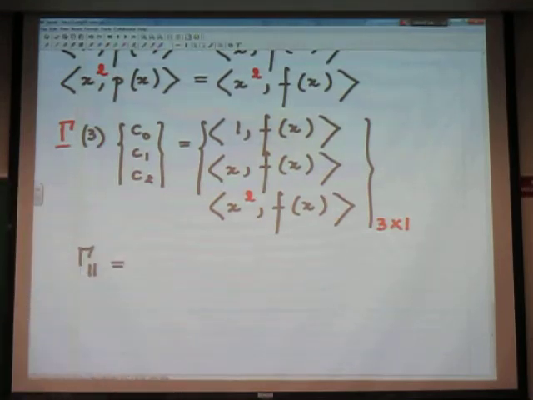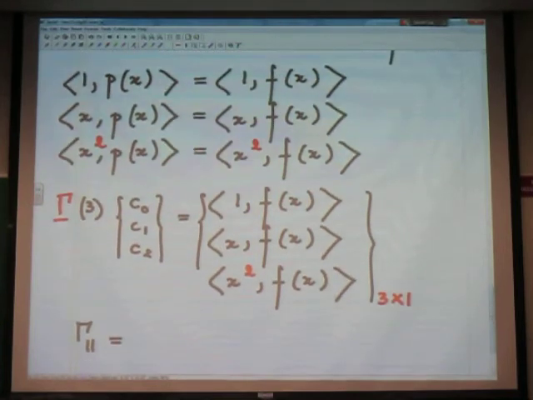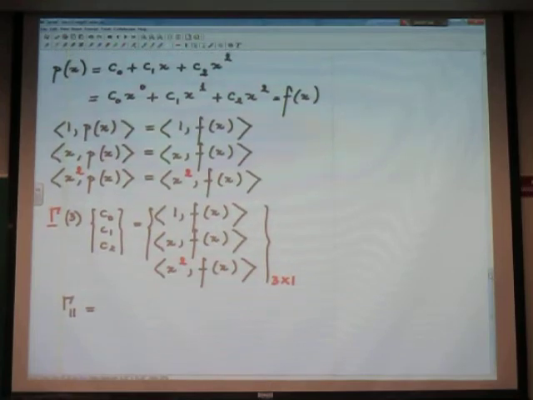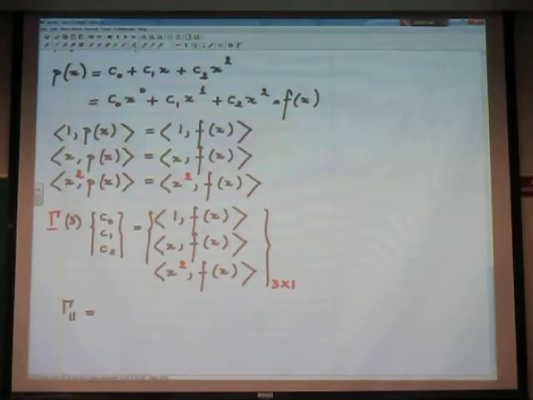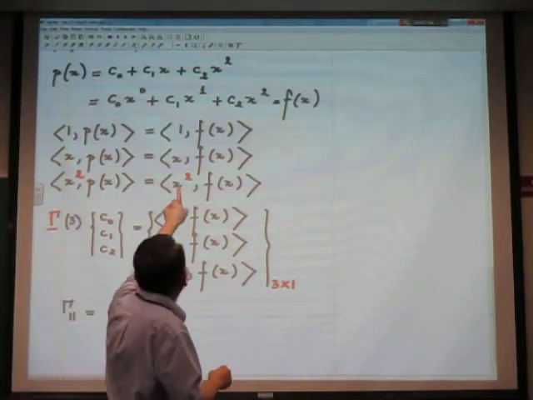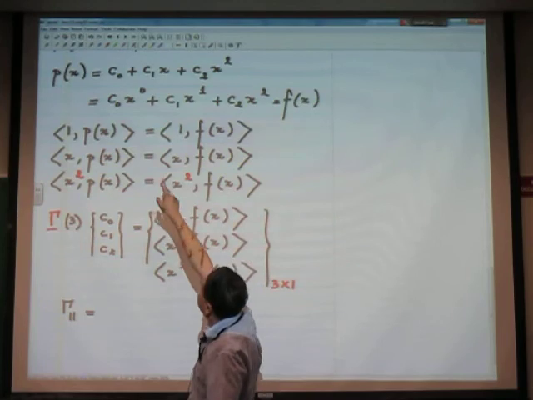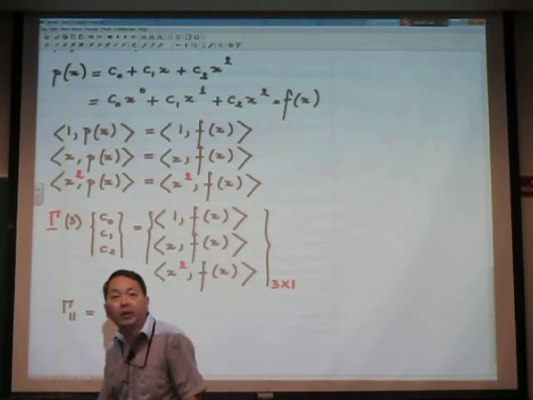So what would be gamma 1, 1? Okay, this polynomial here. Let me zoom out so that you have a big picture. You see that polynomial C0, X0, C1, X1, C2, X2. You form the scalar product with that polynomial. So what would be gamma 1, 1?